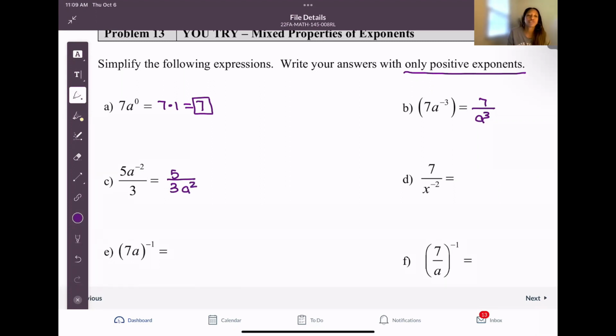So 5 over 3a squared. For part D, we start off with a negative exponent in our denominator, 7 over x to the negative second power. So the negative exponent in the denominator tells us we can move that x term up to the numerator. So this would just be 7 times x squared.